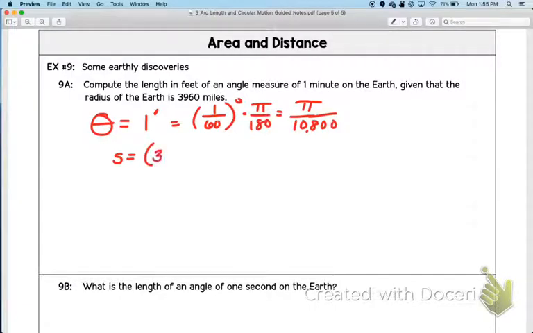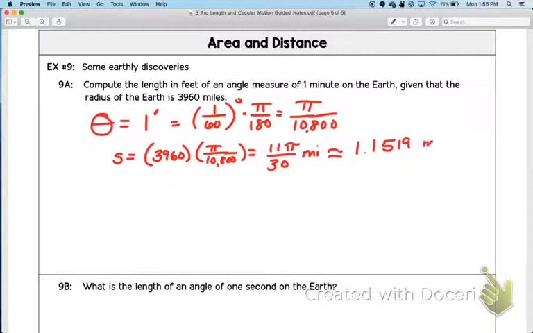My radius, 3,960, times my central angle in radians, which is pi over 10,800. So that's 11 pi over 30 miles, which is equivalent to 1.1519 miles.